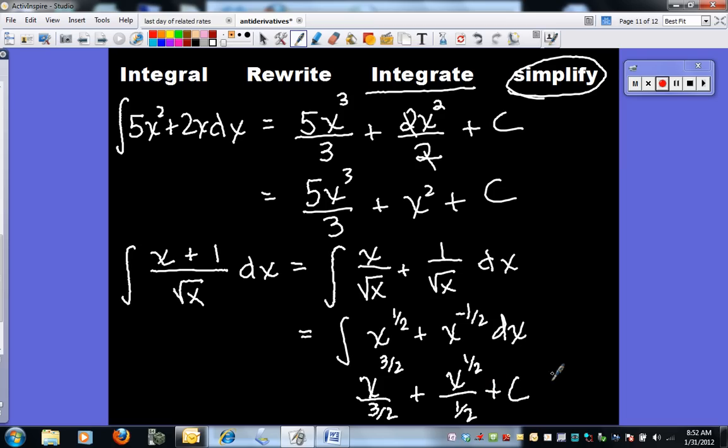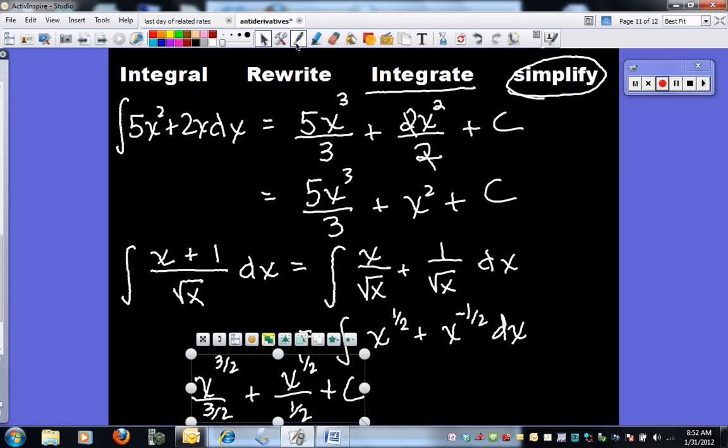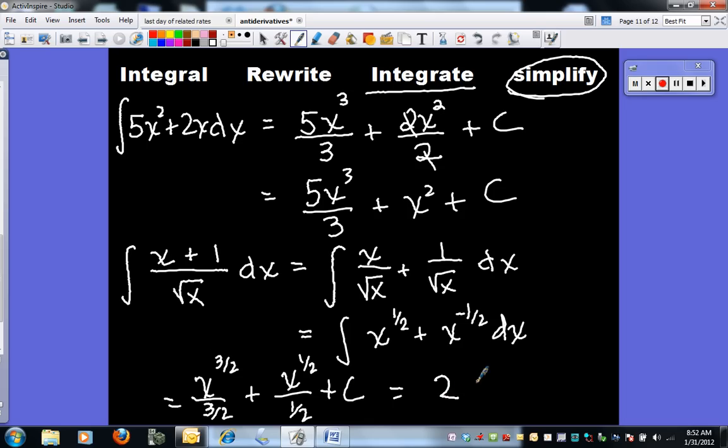And then simplify it one last time. And when you do that, you know what you should get. And I'm going to move this over a little bit so you can see it. Oh, perfect. So simplifying this, we end up with 2 over 3 times the square root of x cubed plus 2 times the square root of x plus c. Don't forget your constant of integration, plus c.